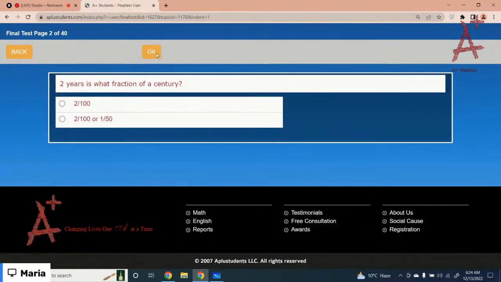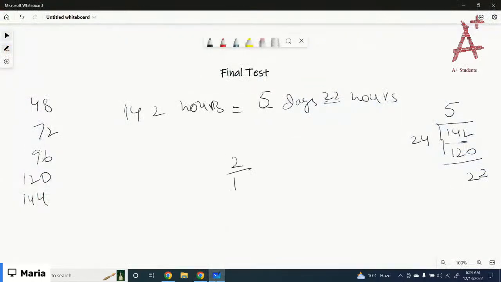Okay, 2 years is what fraction of a century? Which is the correct option? In a century, you have 100 years. That means 2 years is what fraction of a century? It would be 2 divided by 100.